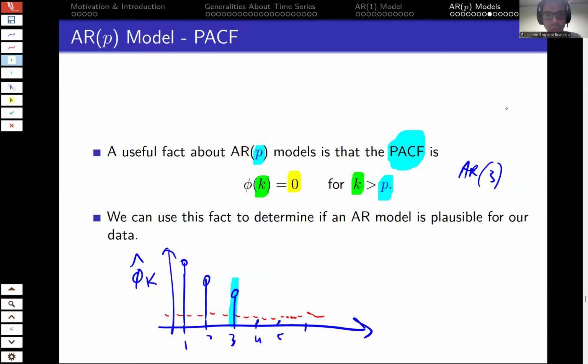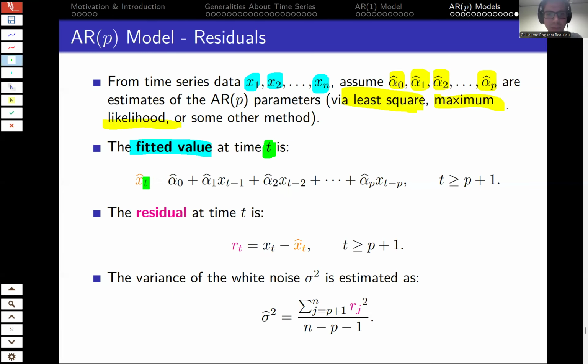So to estimate the next observation based on the past ones, you simply use the equation of your model and replace the parameters by their estimates. As simple as that. Alpha 0, you don't know what it is, but if you've fitted your data to the model and obtained parameter estimates for alpha 0, alpha 1, and so on, you replace them in the equation, and that gives you the fitted value of the process at time t.